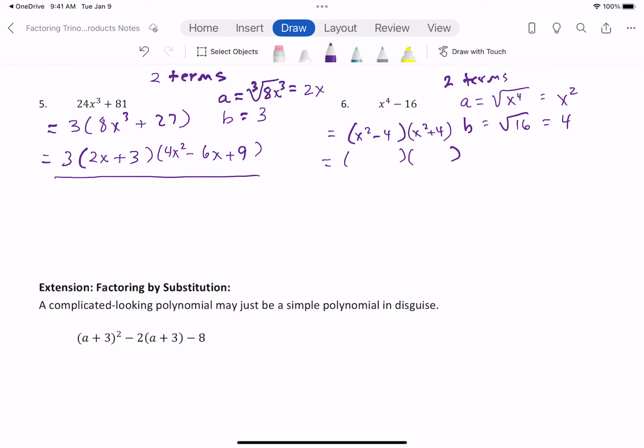This time, a is going to be x, and b is going to be 2. So it's x minus 2, x plus 2. And then we still have our x squared plus 4. So remember, there is no factorization for the sum of squares. So there's nothing more I can do with x squared plus 4. So this is my factorization.